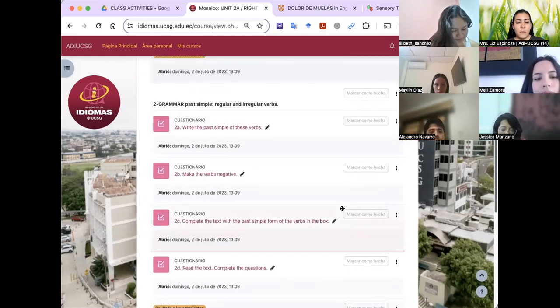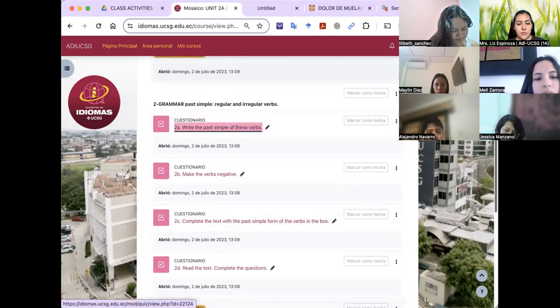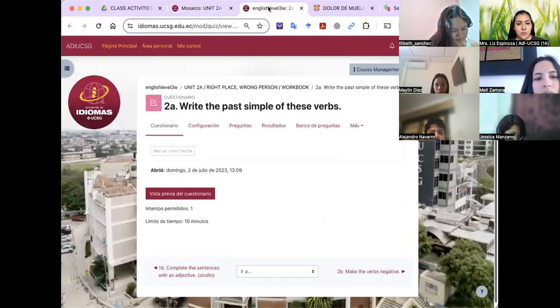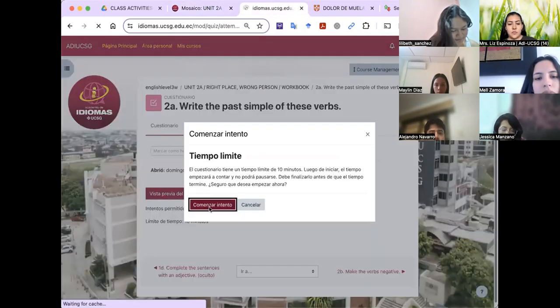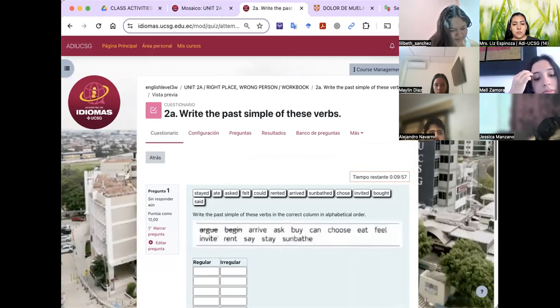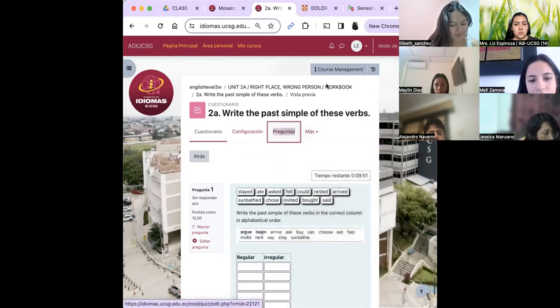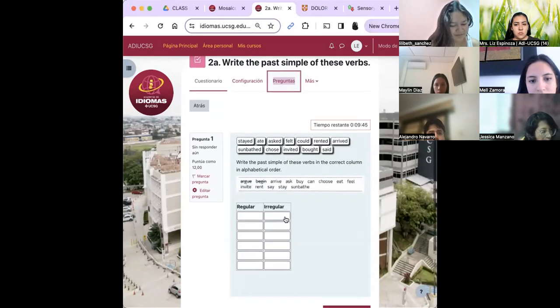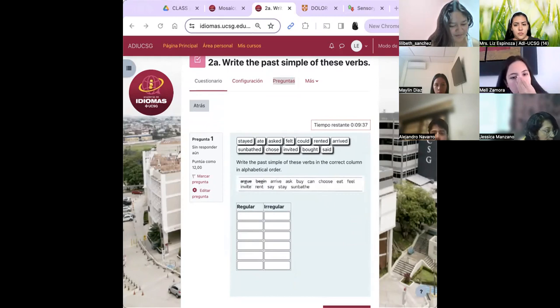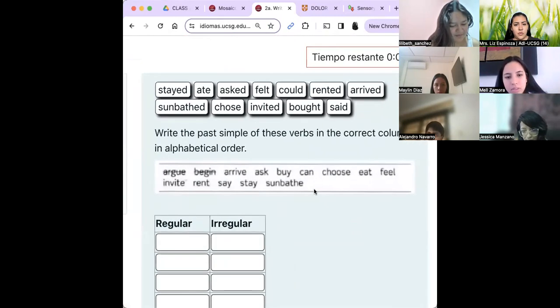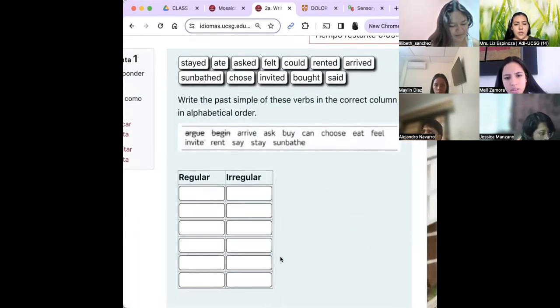It says, write the past simple of these verbs. This way is better.